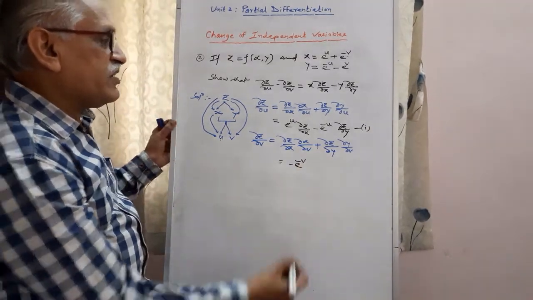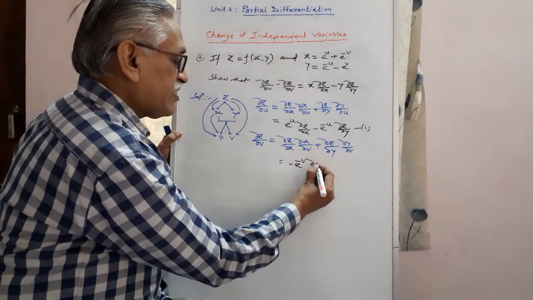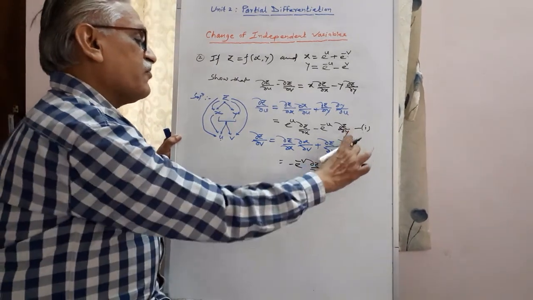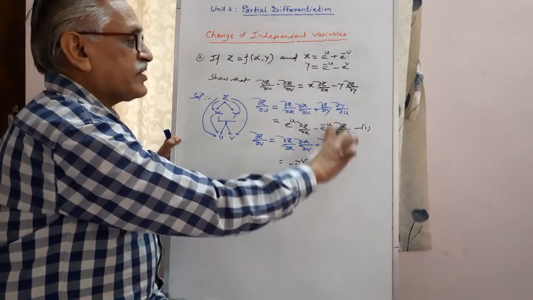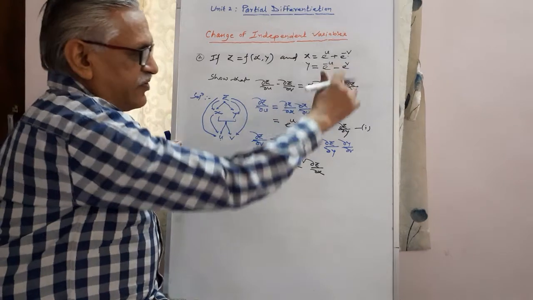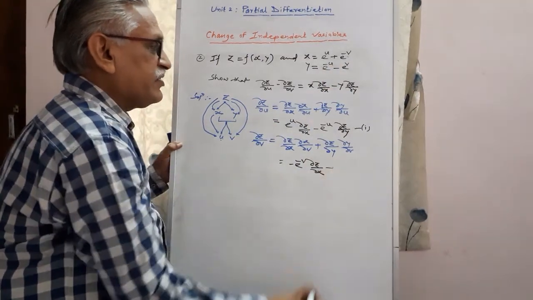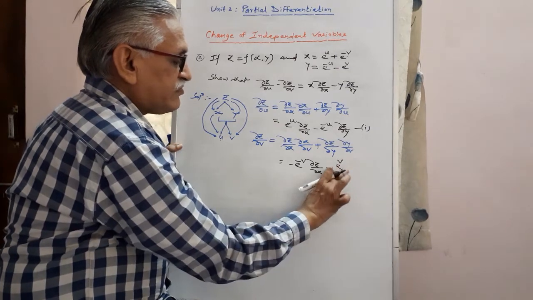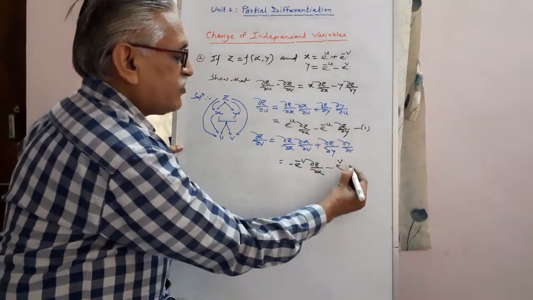Therefore, minus e raised to minus v into dou z by dou x as it is. Differentiating y with respect to v, its derivative is 0 as it is a constant term, and that sign is minus. The derivative of e raised to v is e raised to v into dou z by dou y as it is.